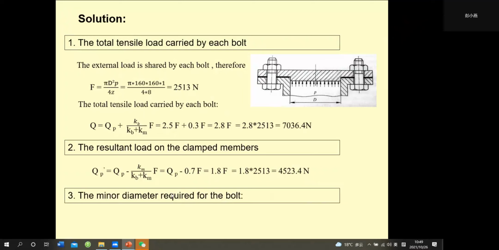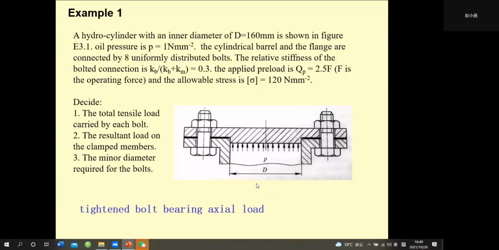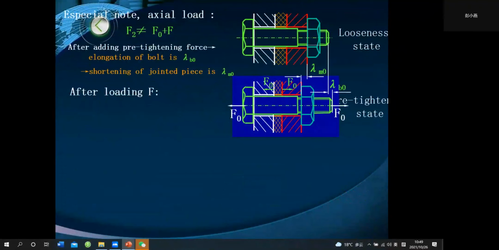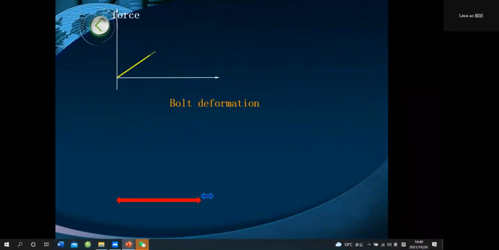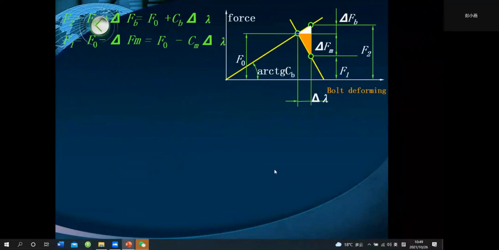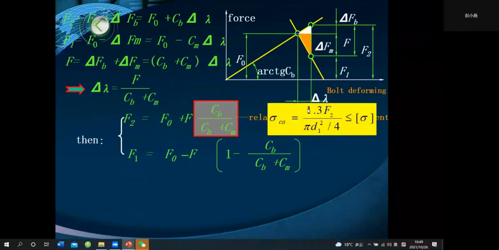The calculated stress should be less than the allowable stress.